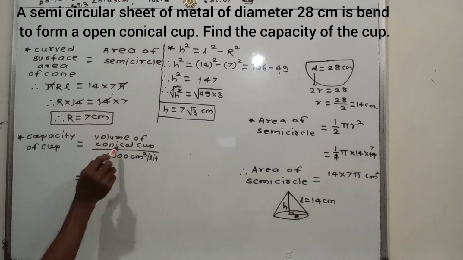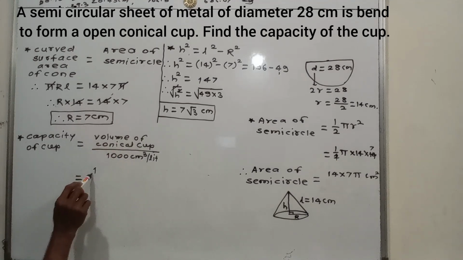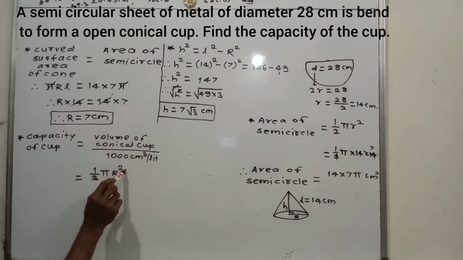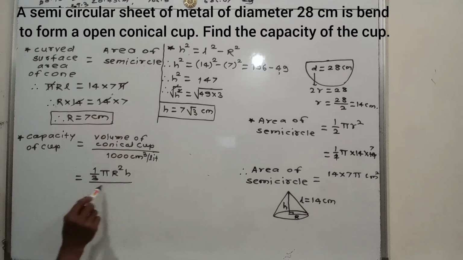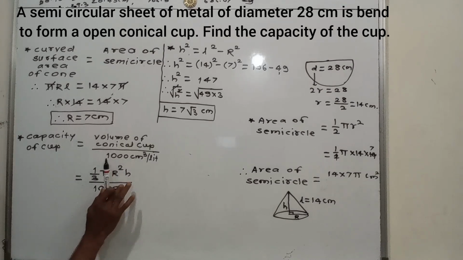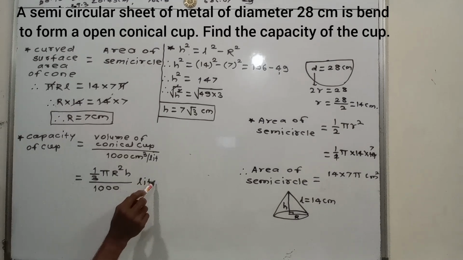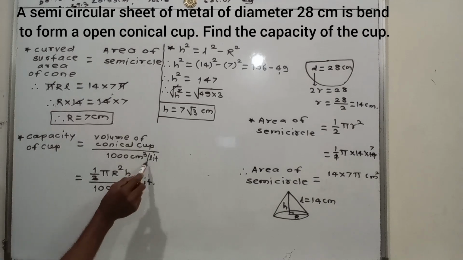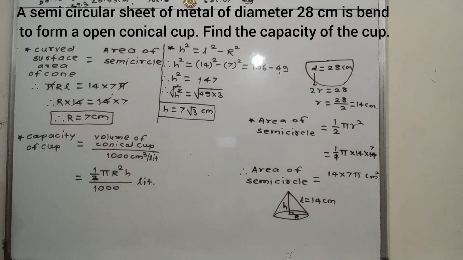Volume of the conical cup is 1 upon 3 pi R square h, upon 1000.